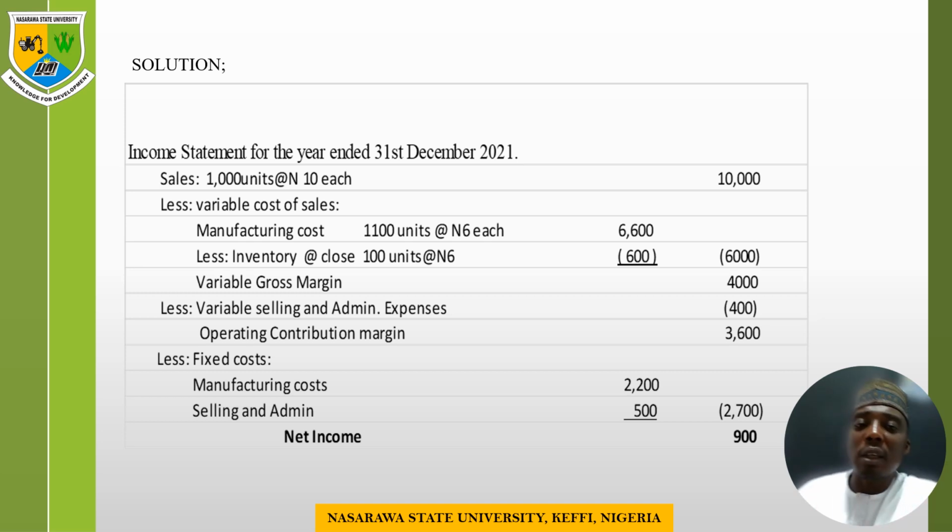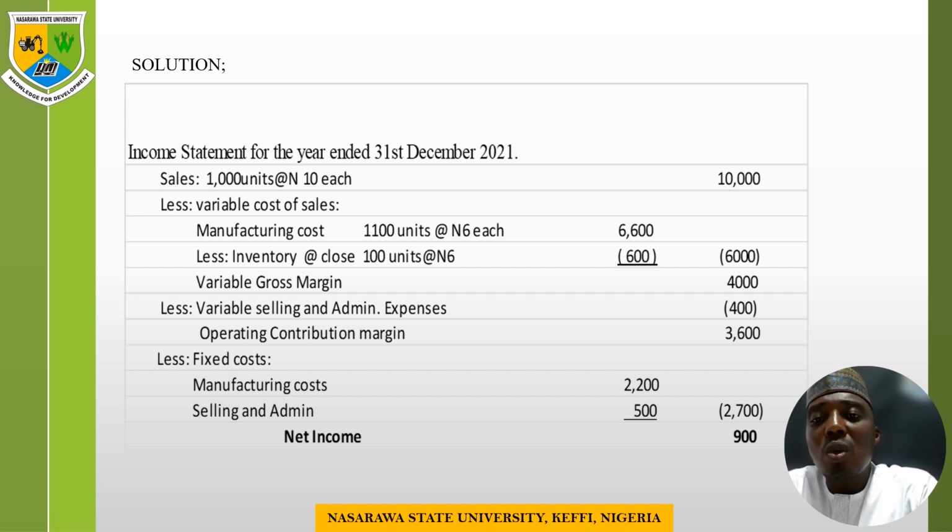Then, to determine the operating contribution margin, or contributions, we now deduct the variable sales and admin expenses, which was given as 400. So 400 minus 4,000, which is our variable gross margin, is equal to 3,600.